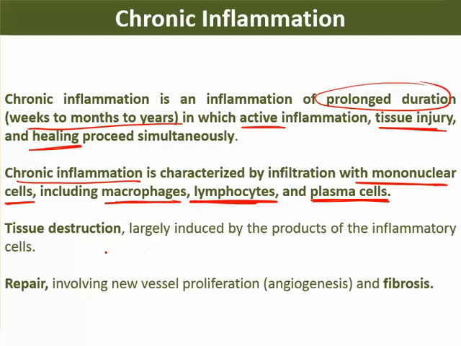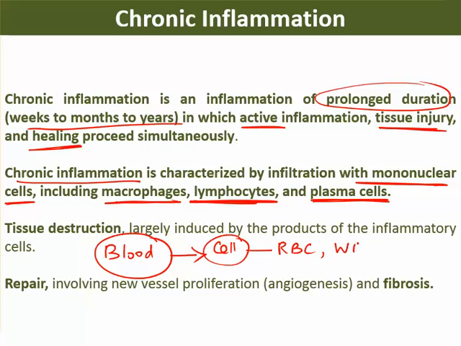So in the blood, as I explained in the last class also, we have a cellular component and a plasma component, right? In the cellular component we have three types of cells: RBC, WBC and platelets.